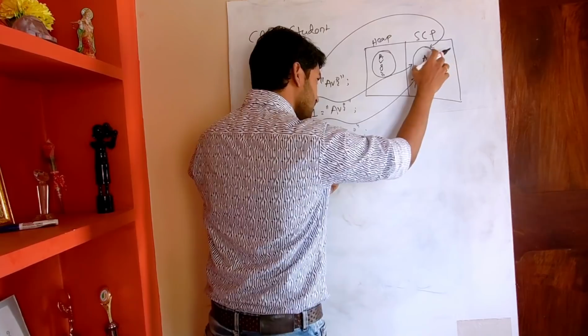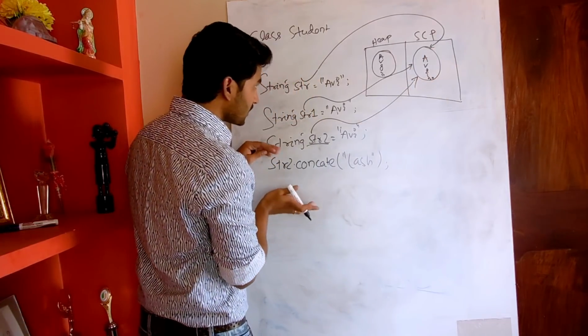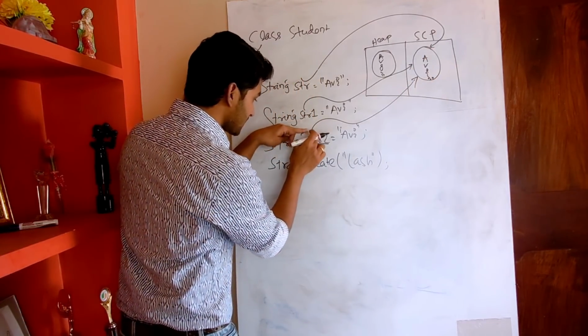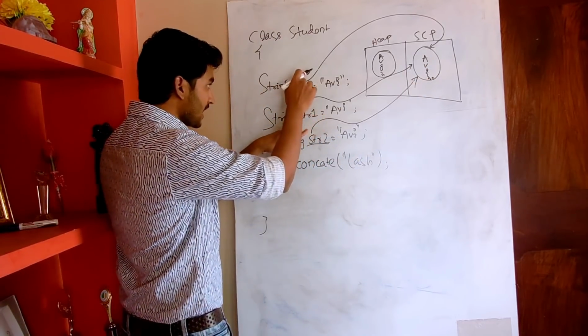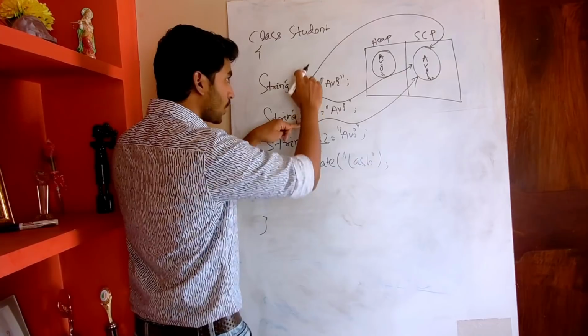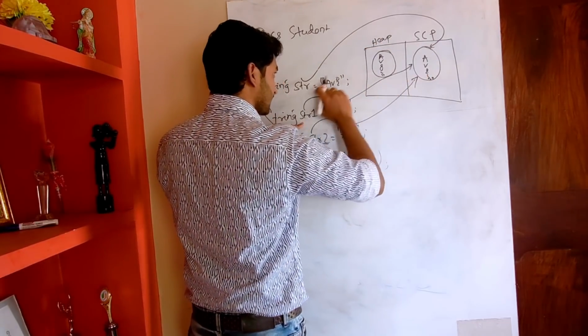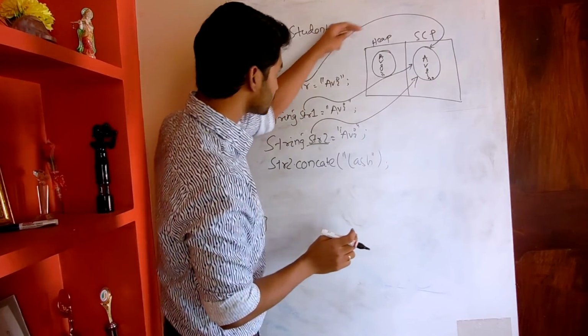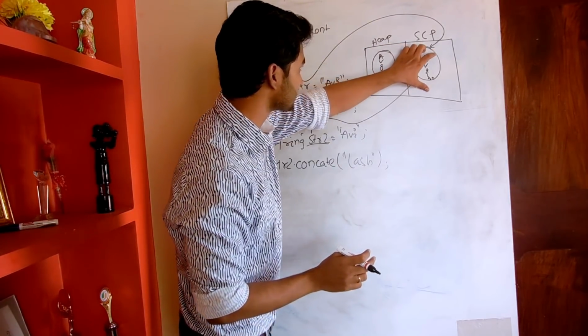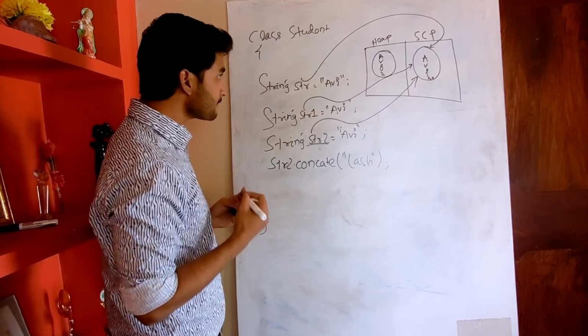It just changed the state of this object, right? So now what is going to happen? Now this object got changed because of str2. Now str and str1 are also referencing the same object. Did you see over here? str and str1 are also referencing the same object which is there inside the string constant pool.